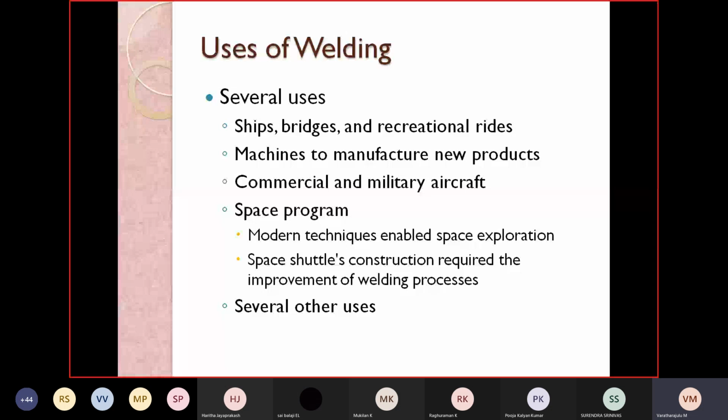Also machines to manufacture new products, commercial and military aircraft, even space programs. We have various welded parts in automobiles, aircraft, and airbuses, and there are various other applications.